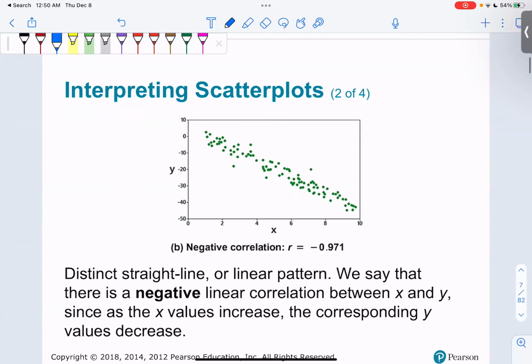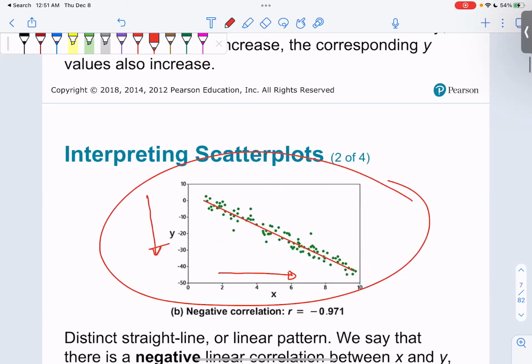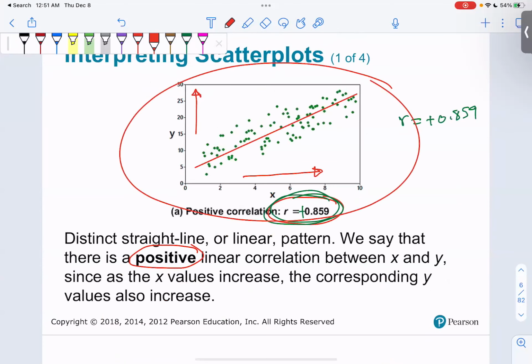So for the second example here, you can see that this is a negative relationship, right? Because as one of the variables increases, the other one will decrease. So looking at this one and going back to the previous one, which correlation do you think is stronger without looking at the value?